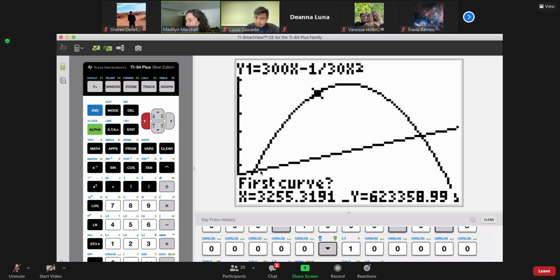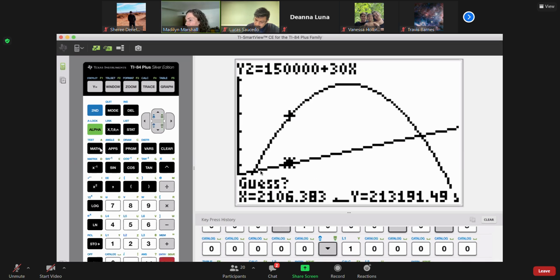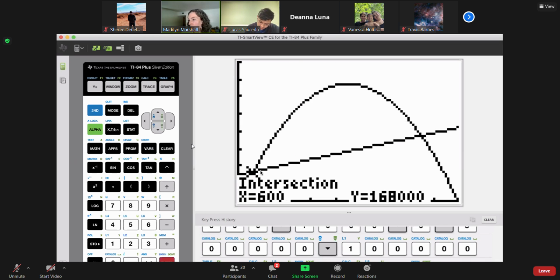It doesn't have to be right on it, it just needs to know which intersection we are trying to get to. So now I'm closer to the other intersection and I can do that same enter, enter, enter, and it'll jump to the other one. So our other break-even point is 600, 168,000.